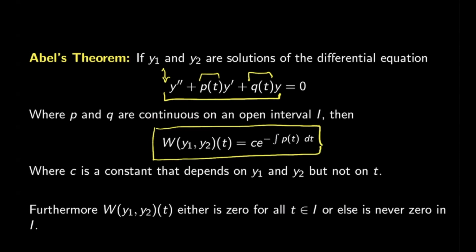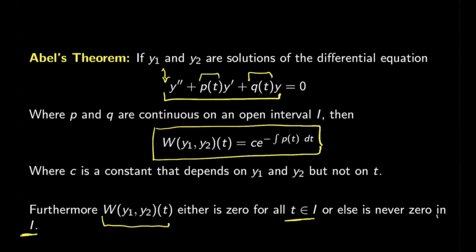And in fact, the Wronskian is either 0 for the whole interval where the solution exists, or else it is never 0 on that interval. C here is a constant which depends on y1 and y2 but does not depend on t.